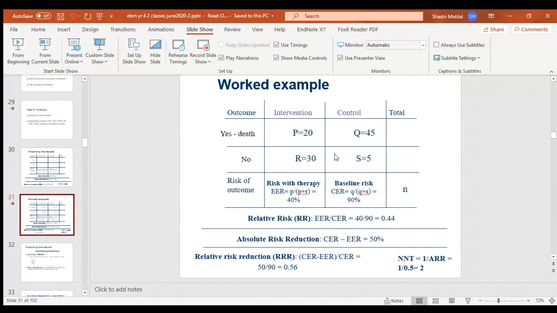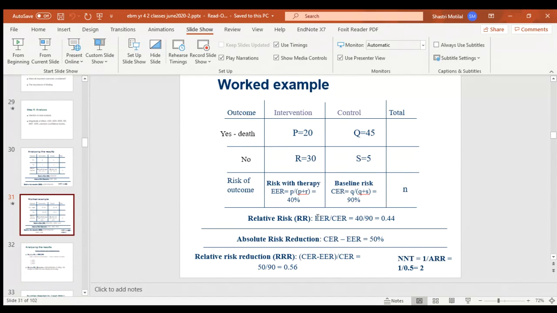If the relative risk was more than 1, let me say in this example I told you the relative risk was 1.5, what would that mean? It would mean the intervention group had a death rate 1.5 times that of the control group. That would make you think this intervention is actually killing people, making people more sick. We shouldn't give that drug.